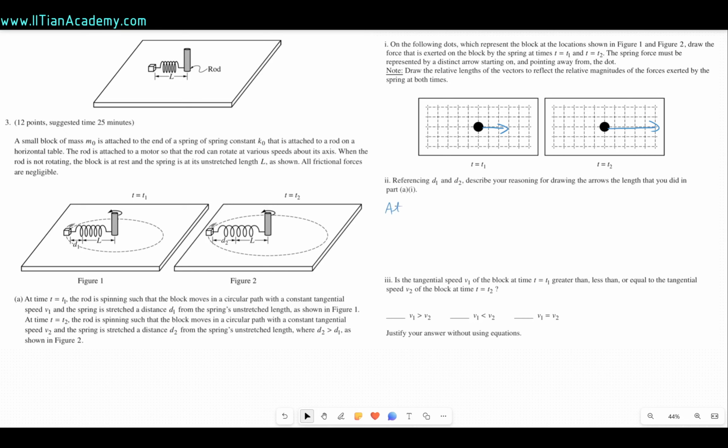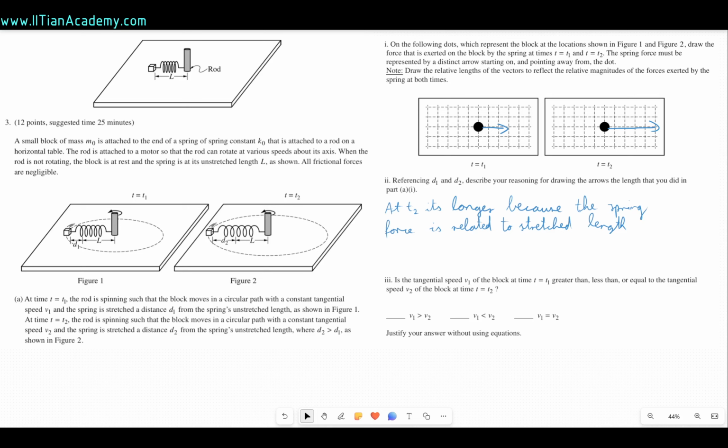We can say at t2, it's longer because the spring force is related to the stretched length, and therefore, since d2 is larger than d1, we know F is equal to k times x, and therefore it will have a larger force.